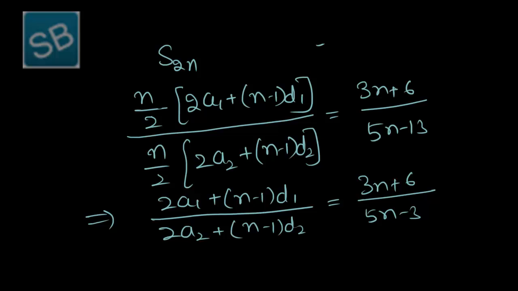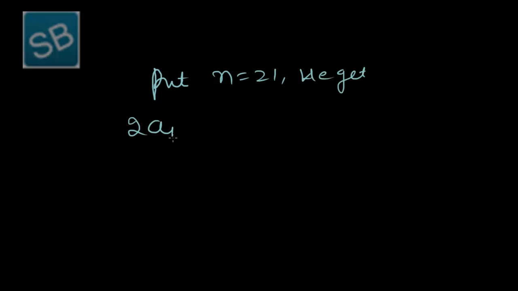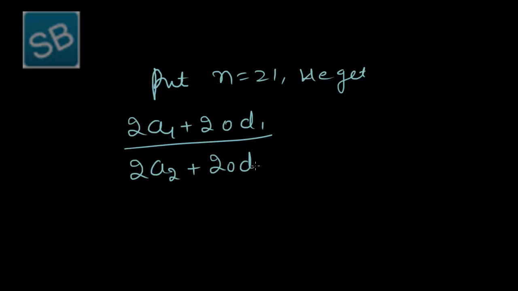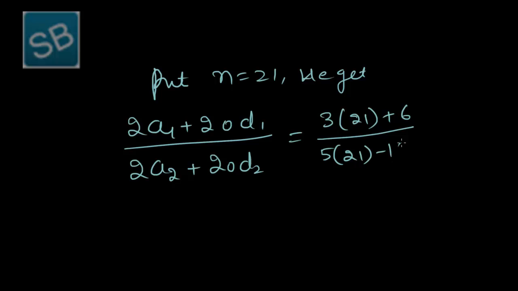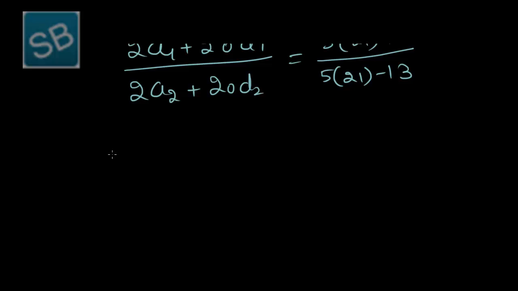So put n is equal to 21 in the above ratio. We get 2a1 plus 20d1 over 2a2 plus 20d2 is equal to 3 into 21 plus 6 over 5 into 21 minus 13. So 2 is common out from both.